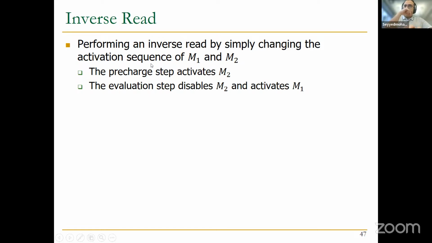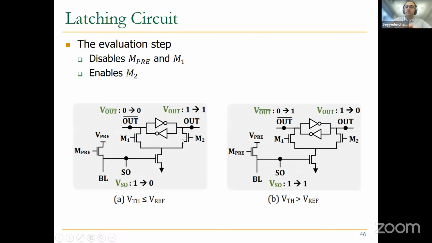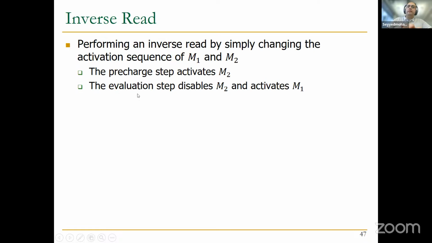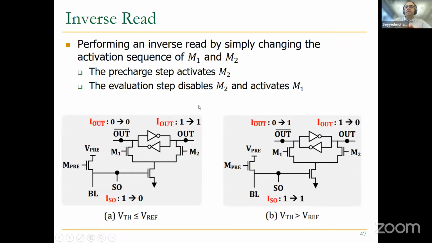So you just need to change the activation sequence of M1 and M2. In the pre-charge state, we activate M2, and in the evaluation state, we disable M2 and activate M1. And with that, you will easily read the inverse of your data.